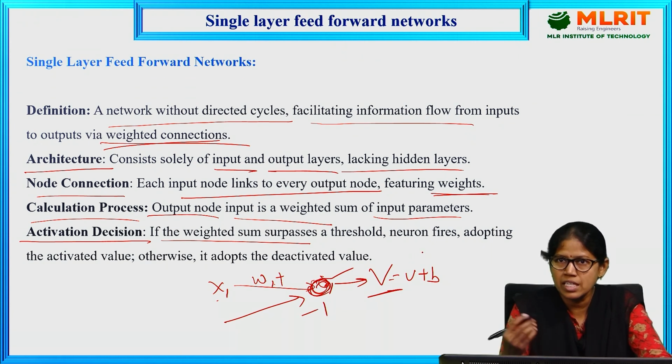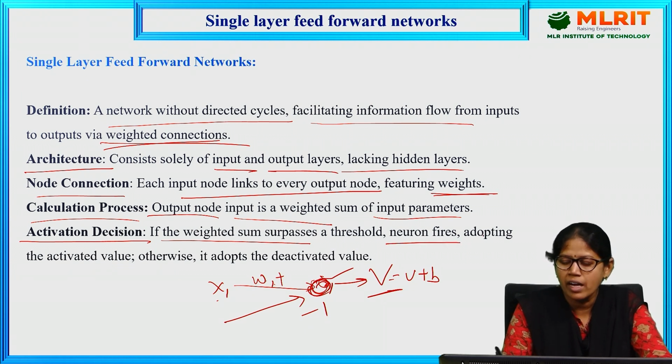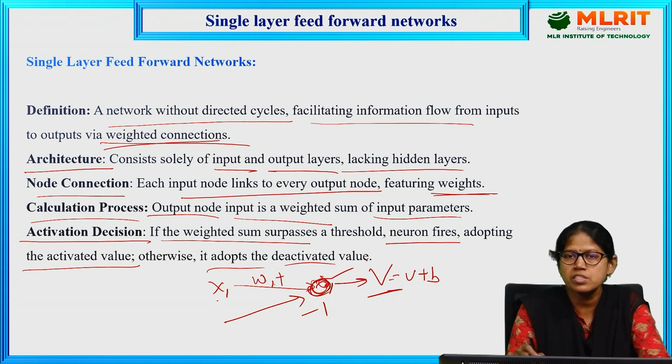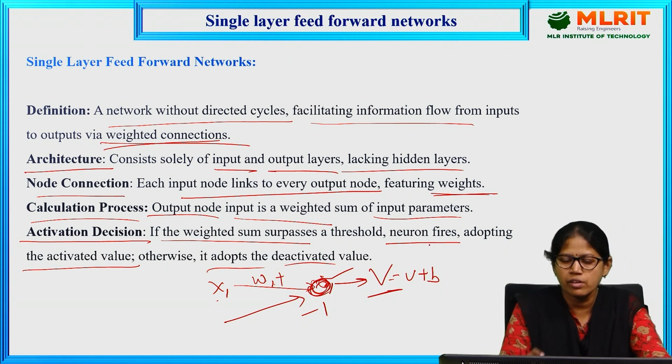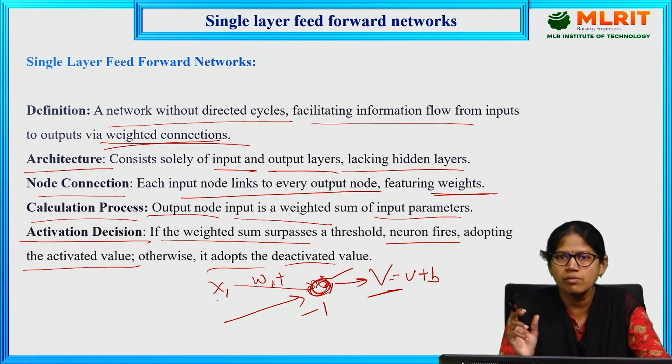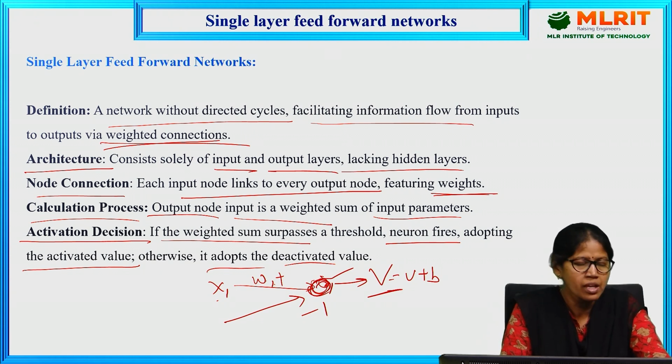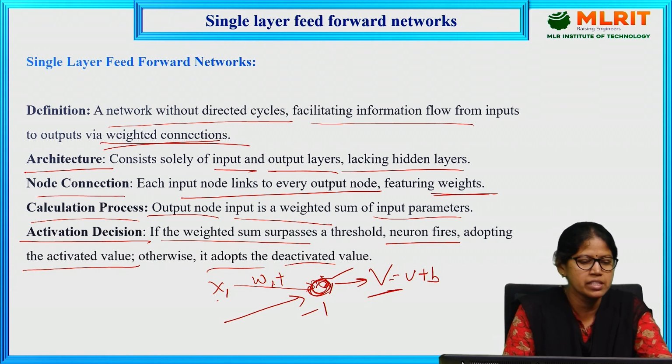If it is 1, then the neuron fires, adopting the activated value. Otherwise, it adopts the deactivated value, and the neuron is deactivated.